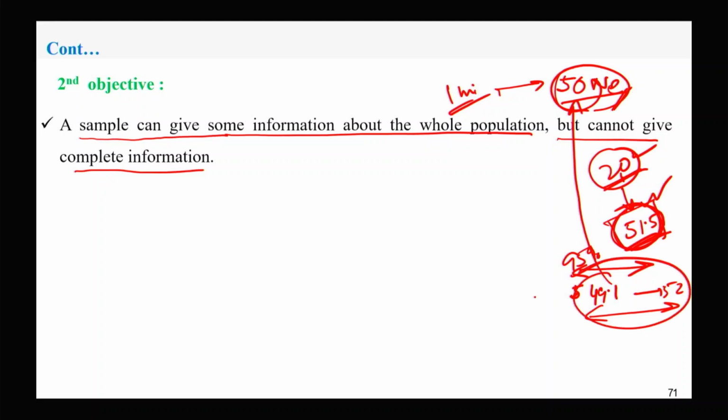That is the confidence, that 95% of the time my assumption will be correct.